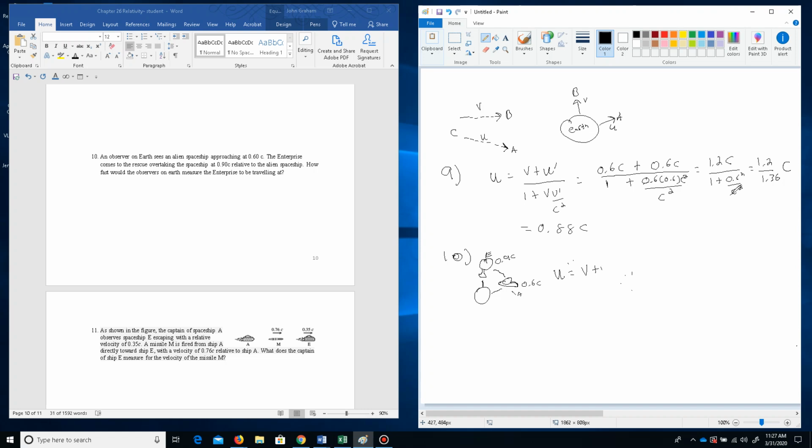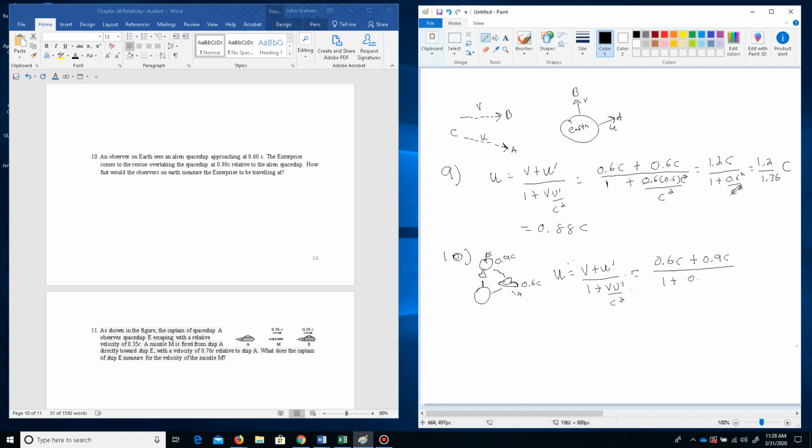So we'll start with this equation. v is the velocity of the alien spaceship, and u prime is the velocity of the Enterprise.